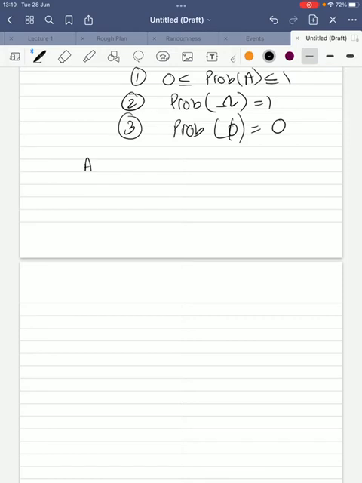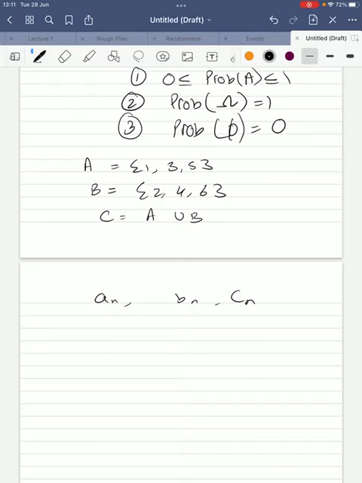Now, consider two events, A and B. So A is the event we roll an odd number, and B is the event we roll an even number. Yeah? Now, consider C, which is A union B, and similarly let A_n, B_n, and C_n be the number of times event A, B, and C occur respectively. And again, note that C_n is A_n plus B_n, and this is because A and B are disjoint. You can't roll an odd number and an even number at the same time. So for example, say we rolled the dice 10 times, and 7 out of those 10 times we got an odd number.